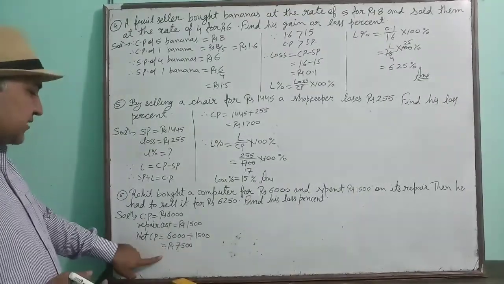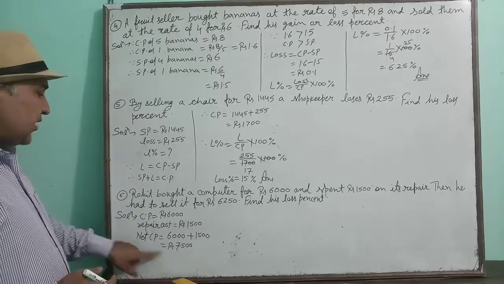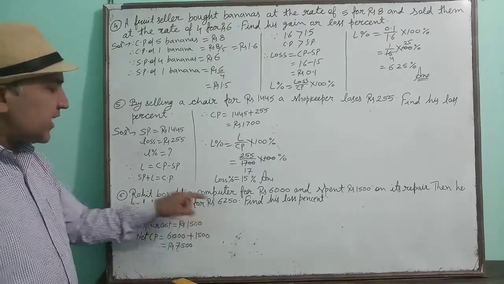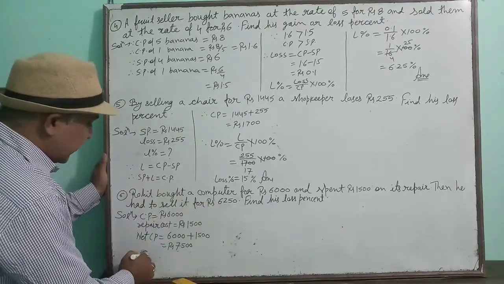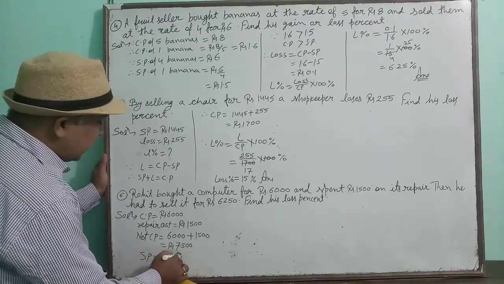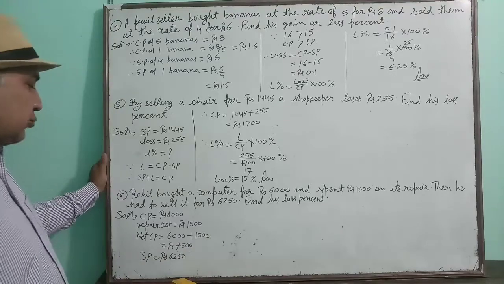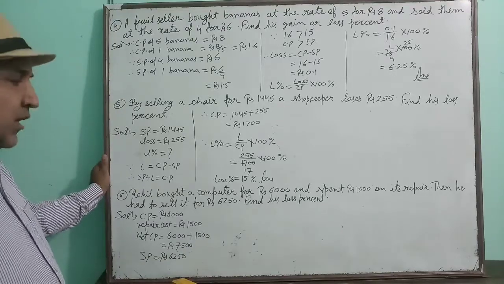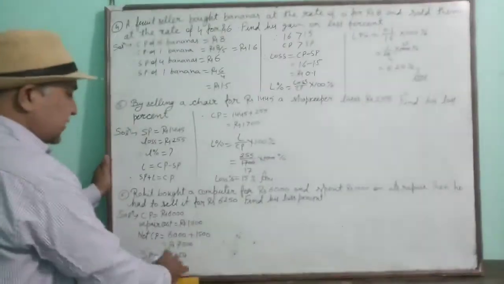That is why it is necessary to add these two. Then he had to sell it for rupees 6,250, means selling price is also given. Now find his loss percent.